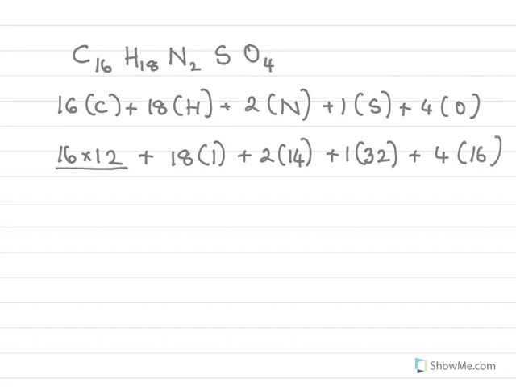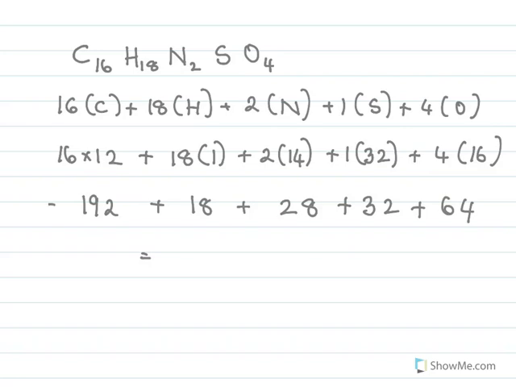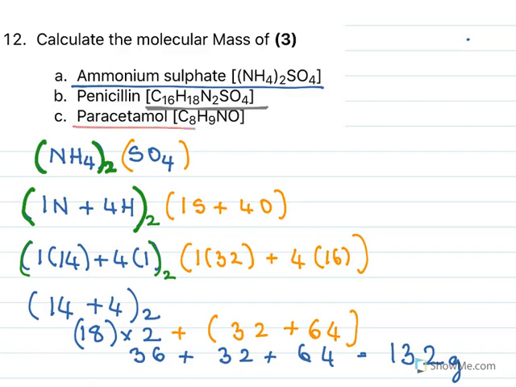So 16 into 12 we have 192, then we have 18 into 1, which is 18, 2 into 14, that is 28, 1 into 32, that is 32, 4 into 16, and this is 64. You add them all up and you get 334 gram.